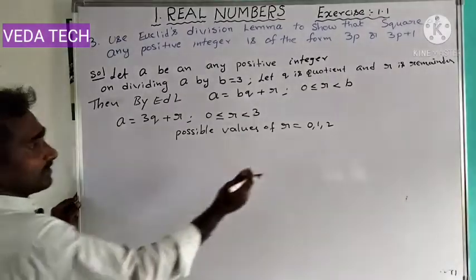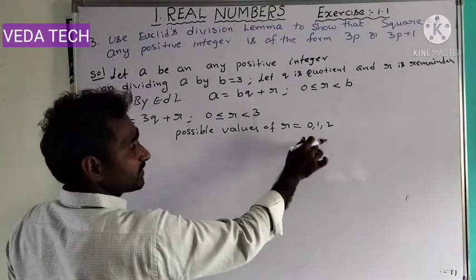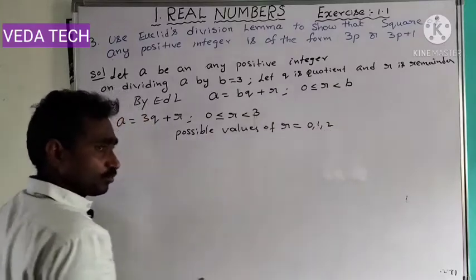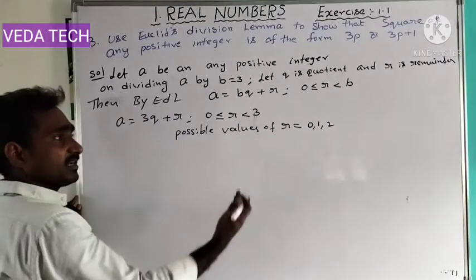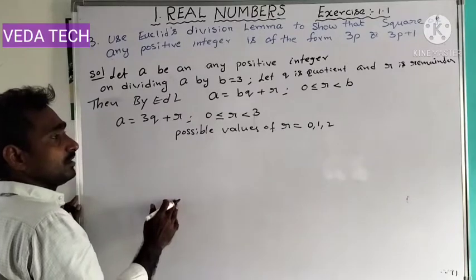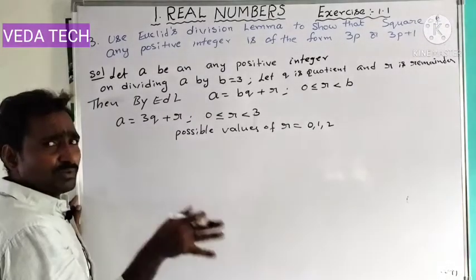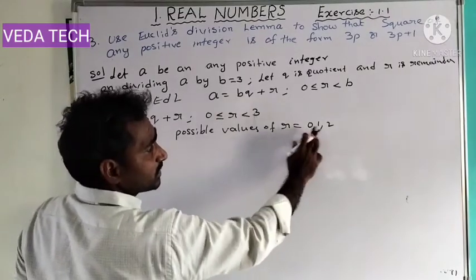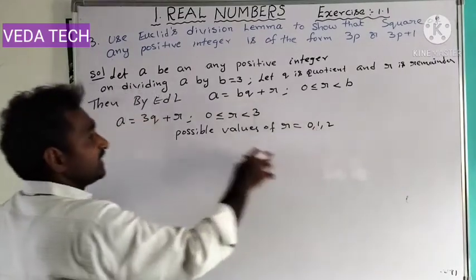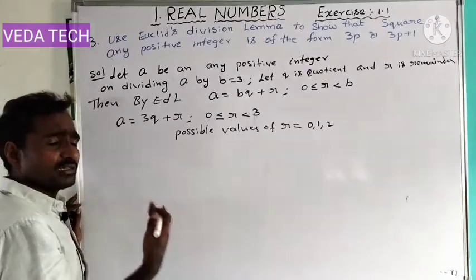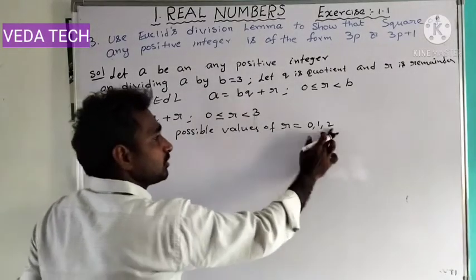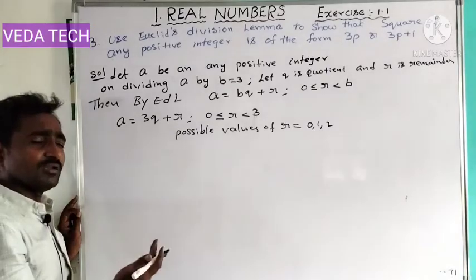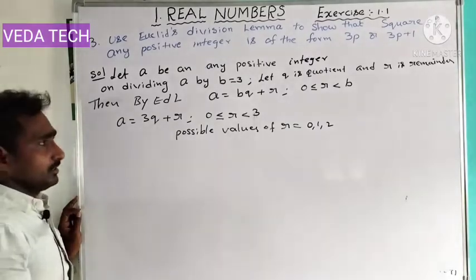Take case 1, r is equal to 0; case 2, r is equal to 1; case 3, r is equal to 2.